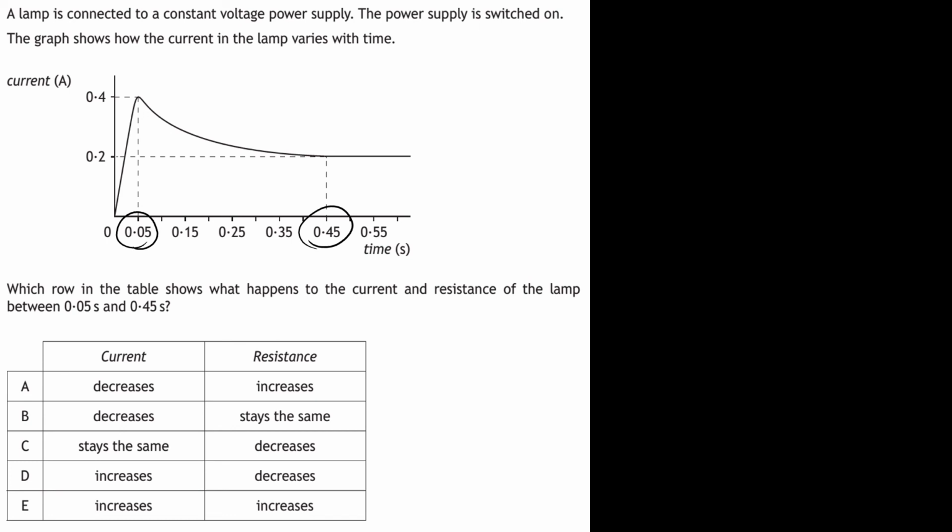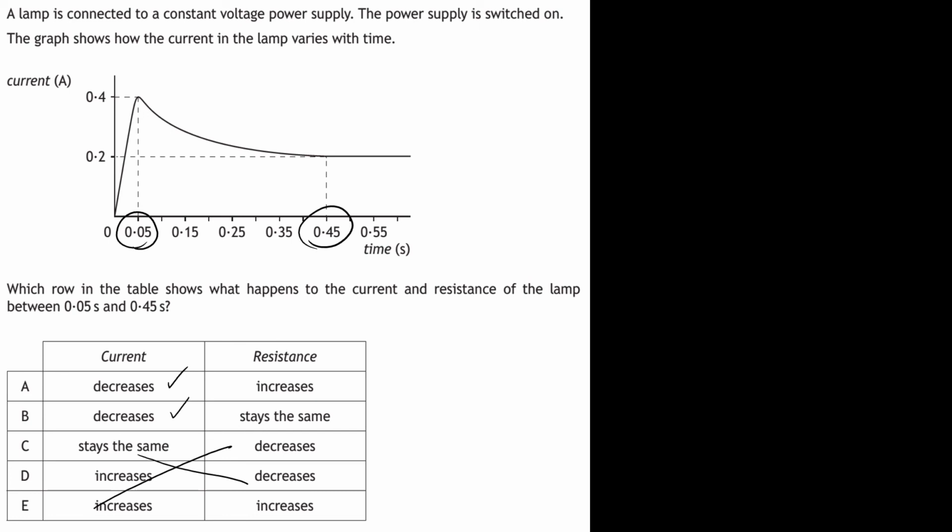Look at the value here. Here's our time. We can see the current is high. And then at 0.45, we can see the current is lower. So current decreases. So that's right. These ones must be wrong.